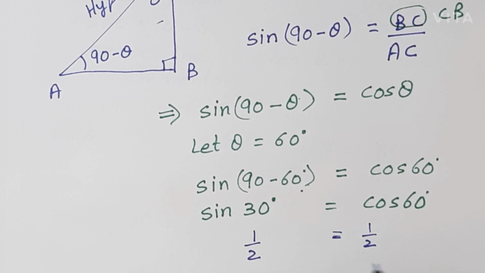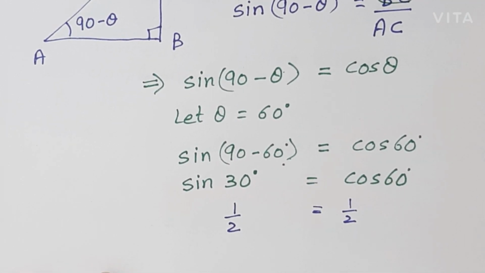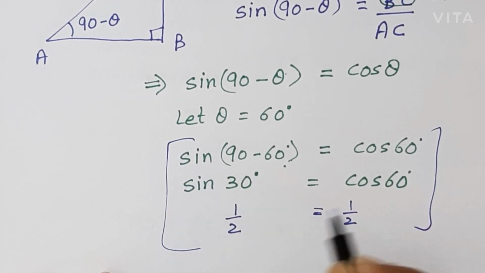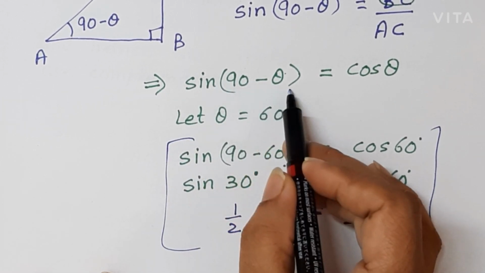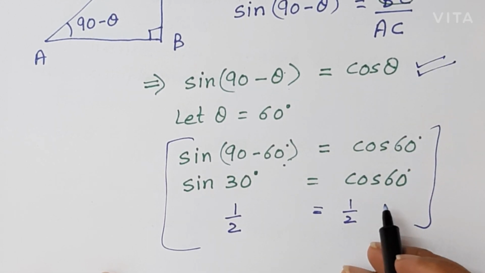And you know how to make the table to derive these values. We have already done that. So this is an example that shows that sin 90 minus theta is equal to cos theta. I hope it is clear to everyone.